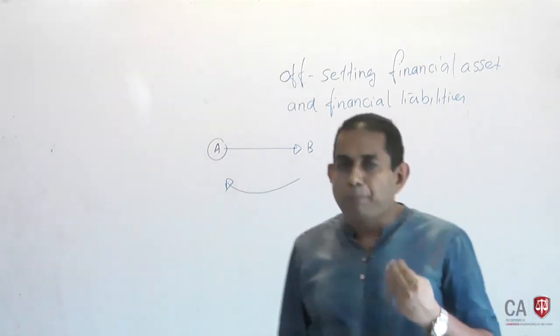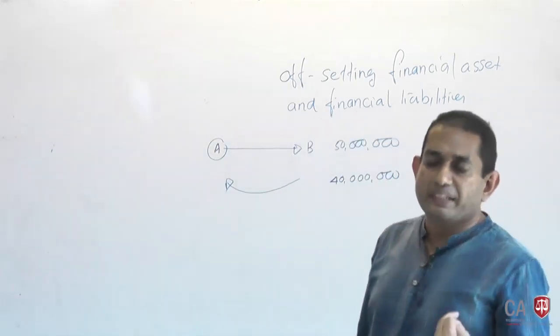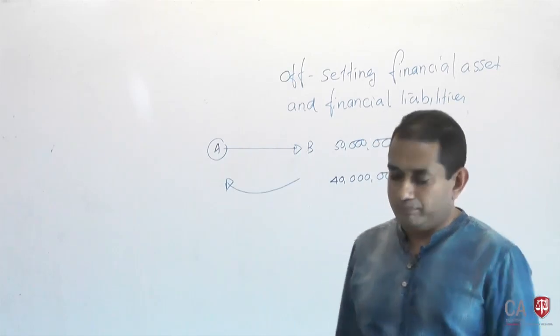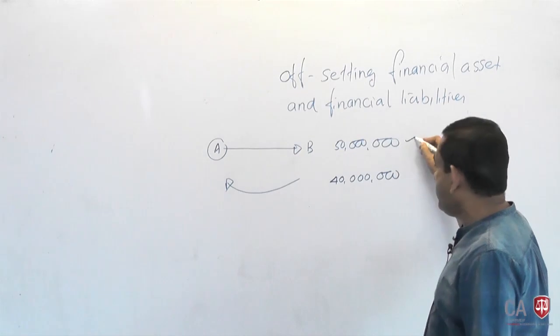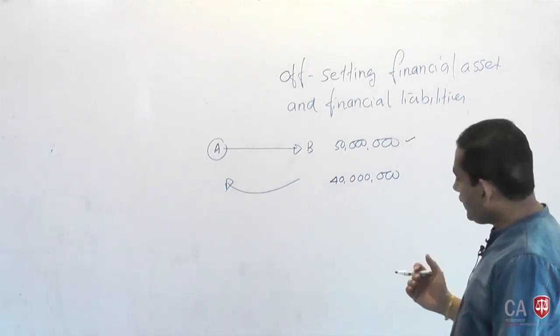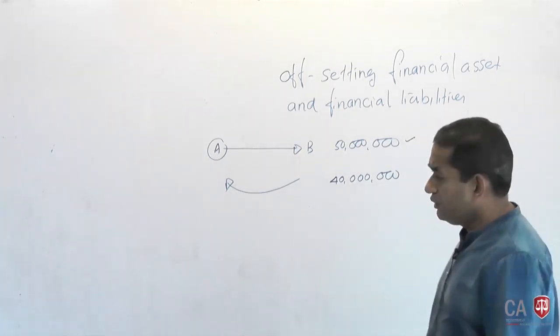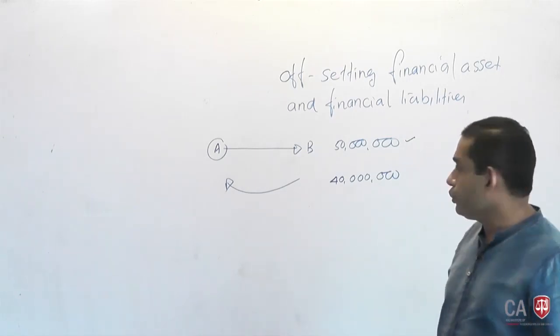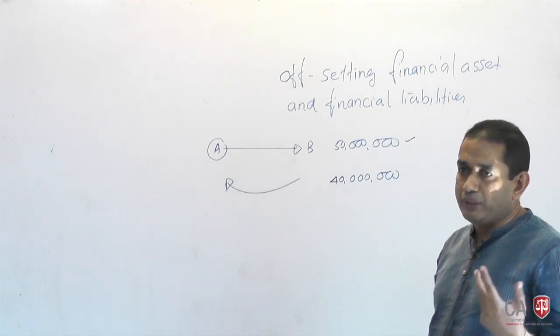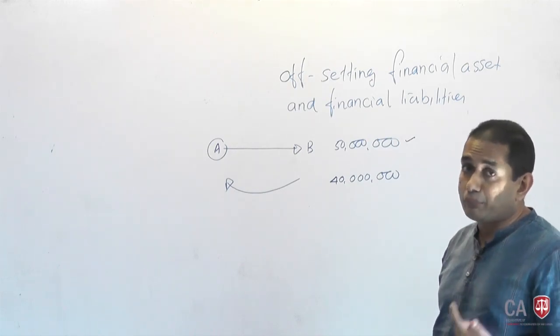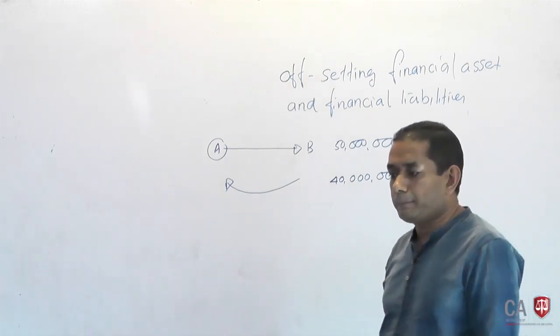So, the same company B becomes not only a debtor, but also a creditor. Now, 50 million is a financial asset, 40 is a financial liability. Do we show 50 million rupees and 40 million rupees separately, or do we show 10 million net amount as one single item?